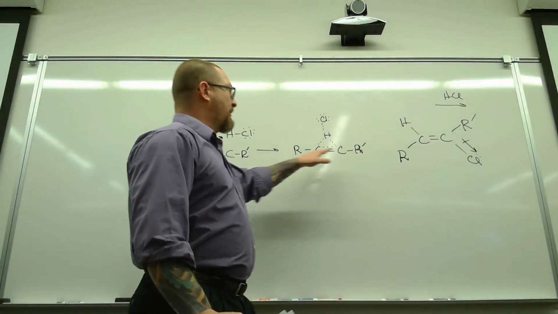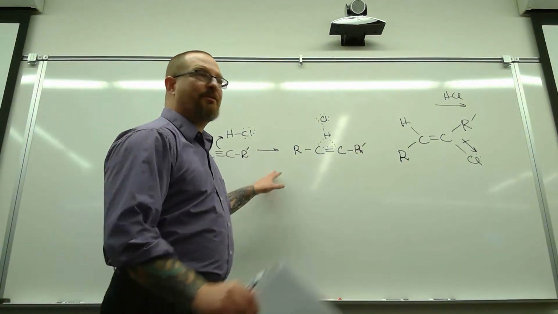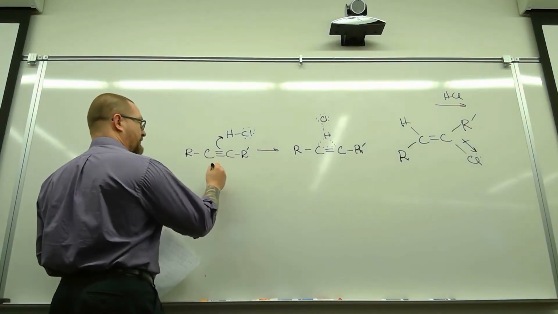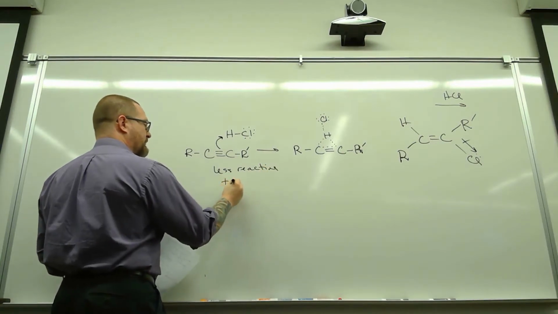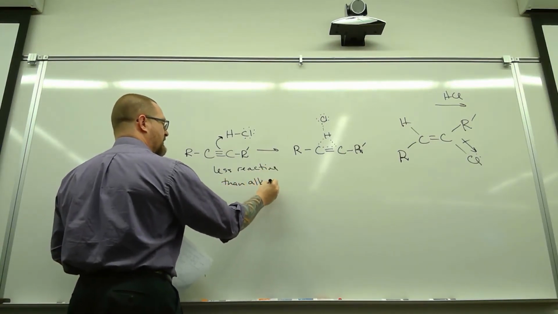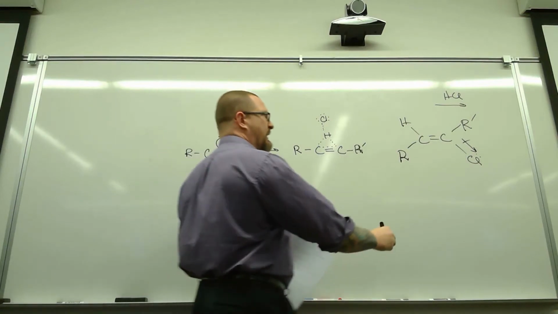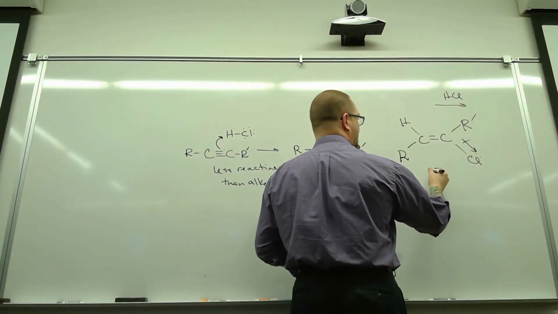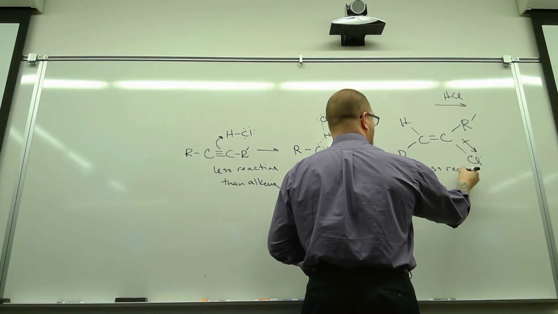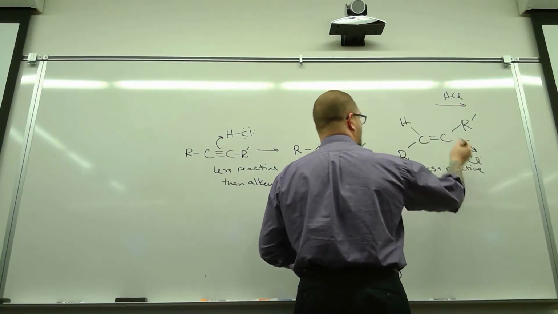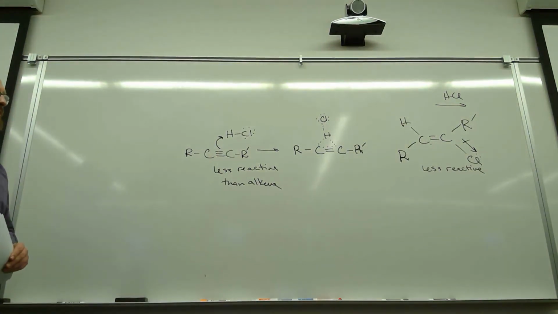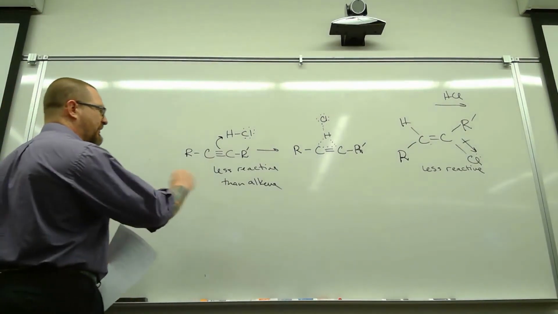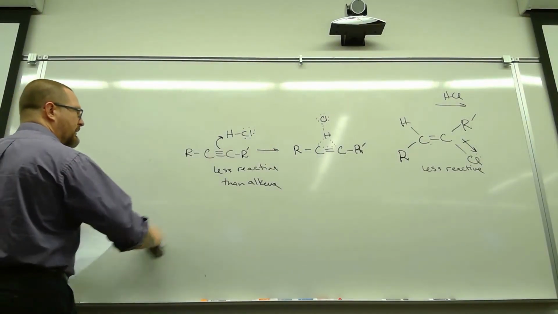So the alkyne is slightly less reactive than the equivalent alkene, and this substituted product is going to be slightly less reactive than the equivalent alkene. So all these reactions are going to be a little less vigorous than they would be if it was just a non-substituted alkene.